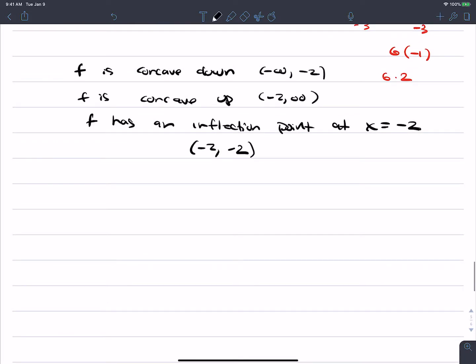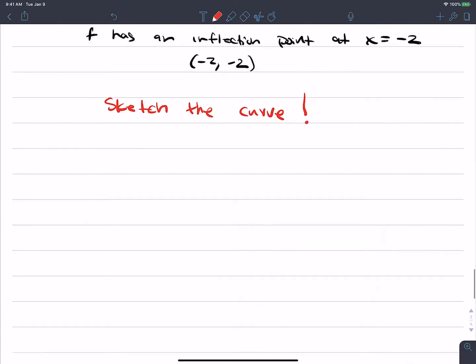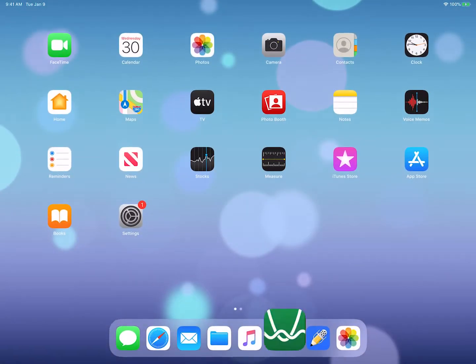All right, now what do they want us to do with this? At this point we have to sketch the curve or your graph, whatever you want to call it. So let's take a look. I want to show you guys something here.